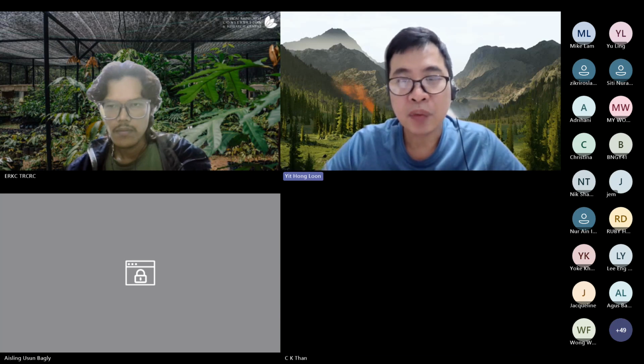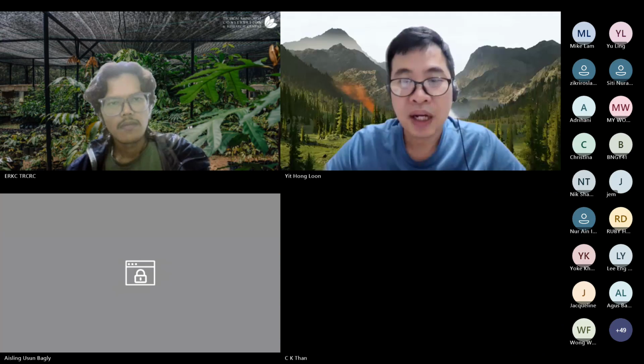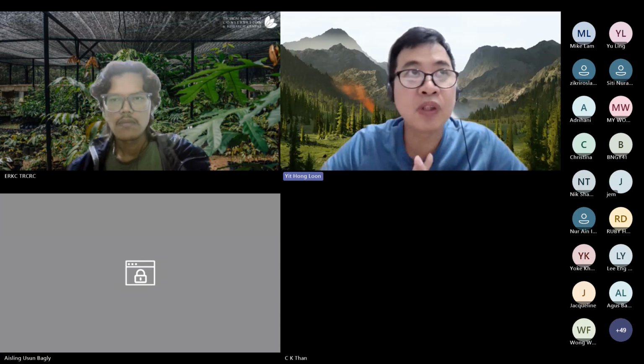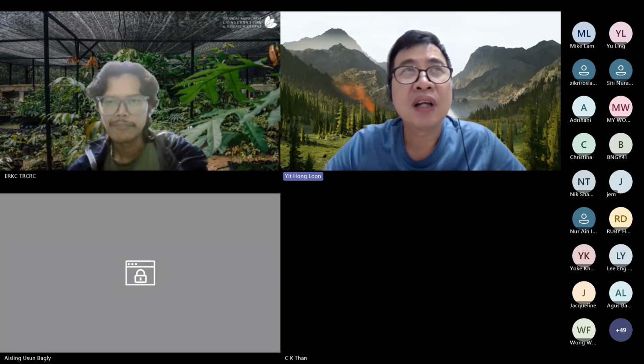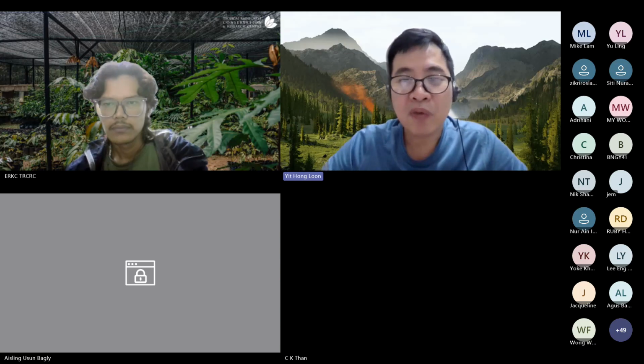Take the famous Super Mario mushroom, the red mushroom, Amanita muscaria. We cannot find those mushrooms here in Malaysia because they form mycorrhizae with, I can't remember, oak trees or pine trees. We don't have that kind of tree here. That's why we cannot find the Super Mario mushroom here in Malaysia. So it's very exclusive to the tree partners.